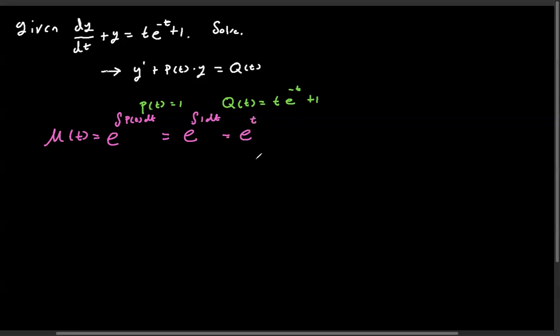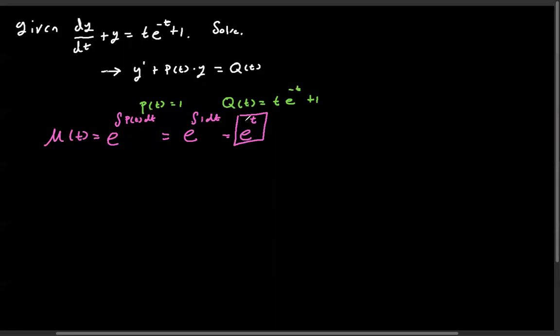How this happens is kind of magic, but so far it's not so bad. Now, they say you want to take this and multiply it times your original problem, and if you do that, you will be able to solve it. Well, that's what they say. Let's give it a try.